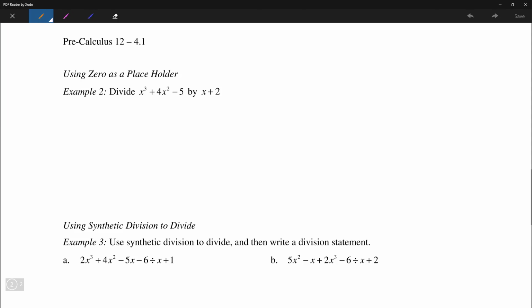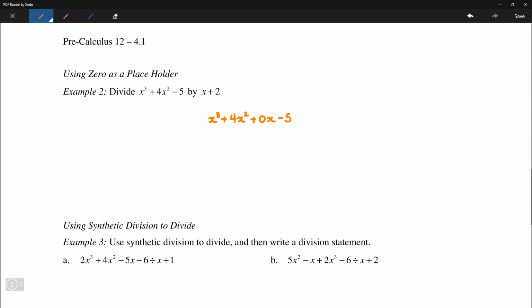So in this case, we have x cubed plus 4x squared. Notice that this cubic polynomial does not have an x term, so we will add plus 0x, and then we have minus 5.